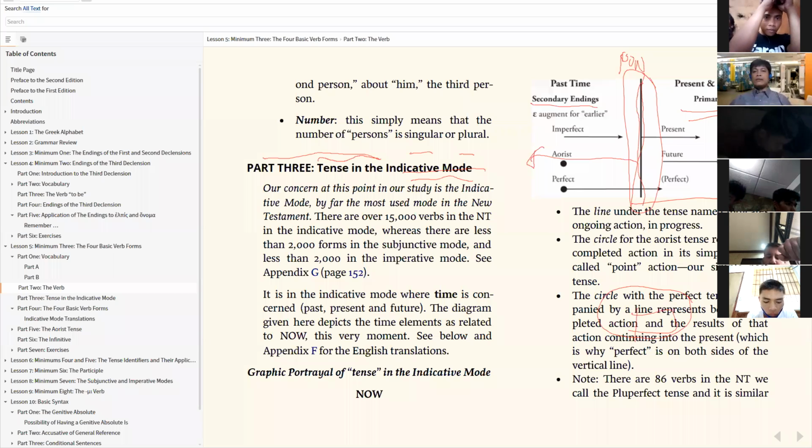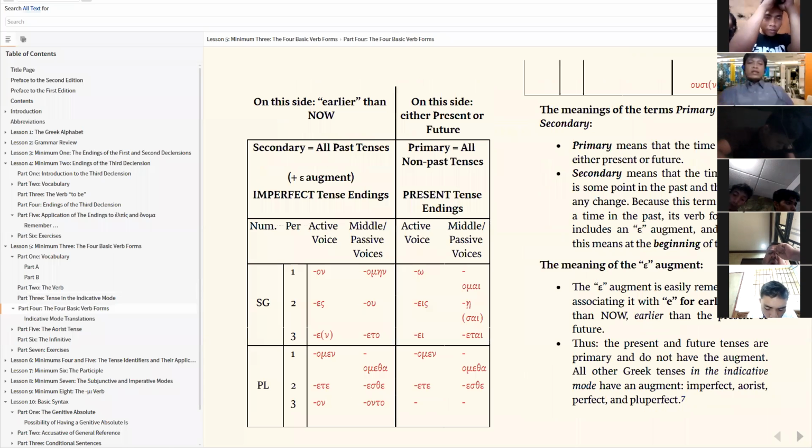Okay, I hope you get that. Right, let's move on to the next. Let's go and look at the chart here. Okay, this chart is very important. So what you can do is you have to memorize this. Or if you cannot memorize, just be very familiar. Okay?